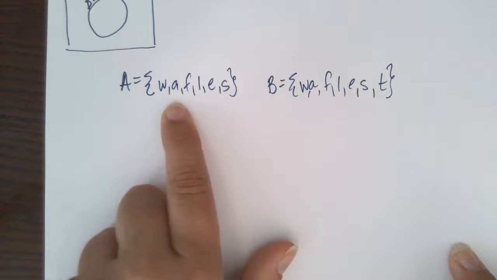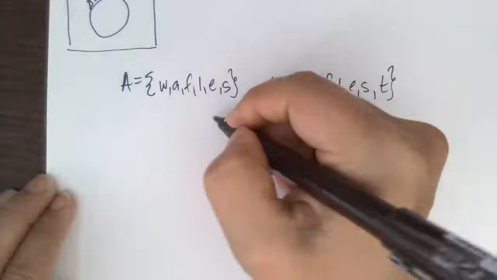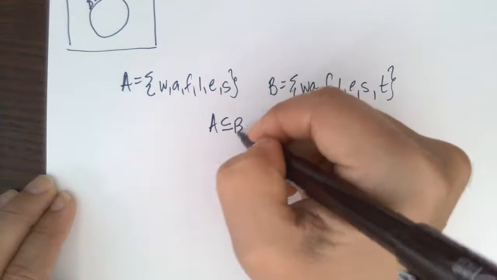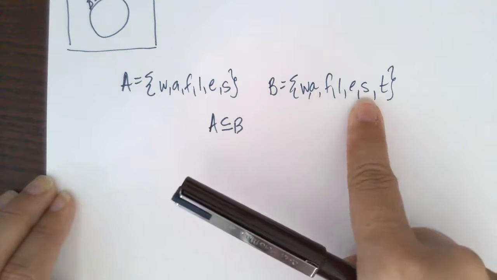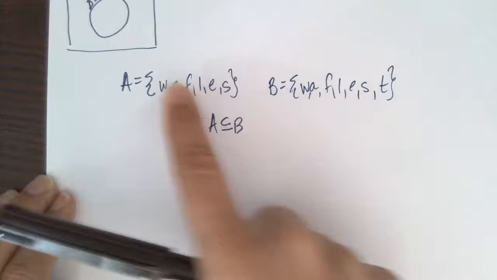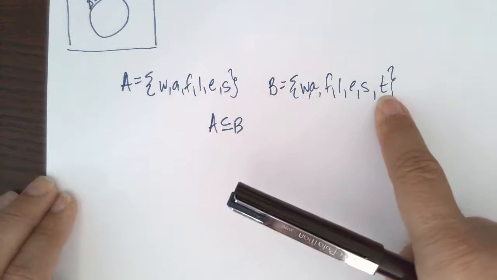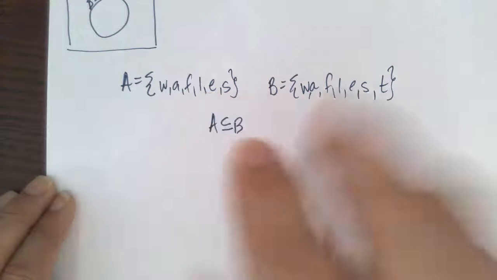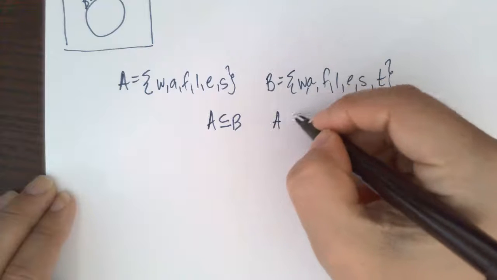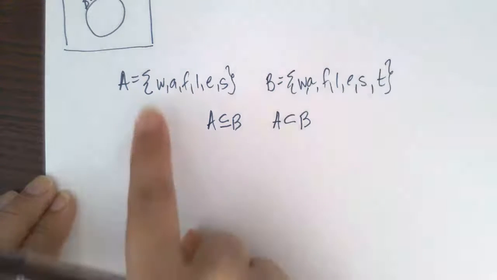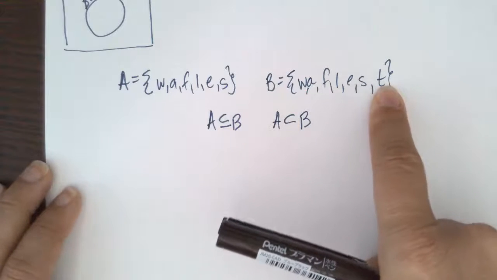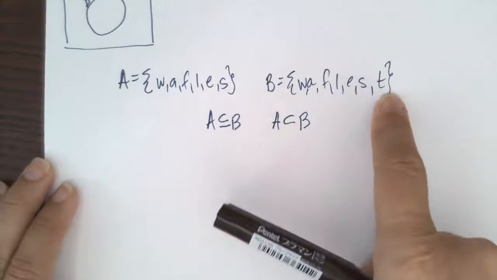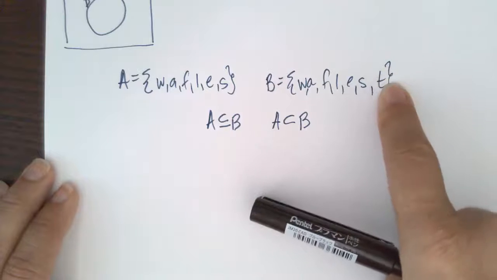A is both a subset because all of the elements in A are also in B, but they aren't equal. B has that extra letter, but that's okay. And A is a proper subset of B because everything in A is also in B, but they are not equal, right? Because again, they have that one letter difference.